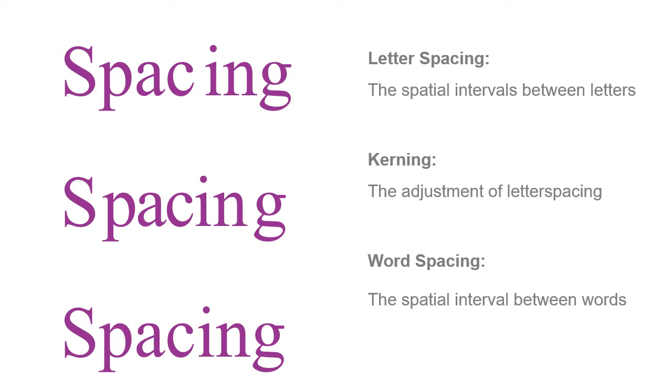Okay, so the last two things I want to touch on, because they're like personal typographic pet peeves of mine, are spacing. Okay, so when we say spacing, we're talking about the spatial intervals that occur between letters, spatial intervals that occur between words, and spatial intervals that occur between multiple lines of type.